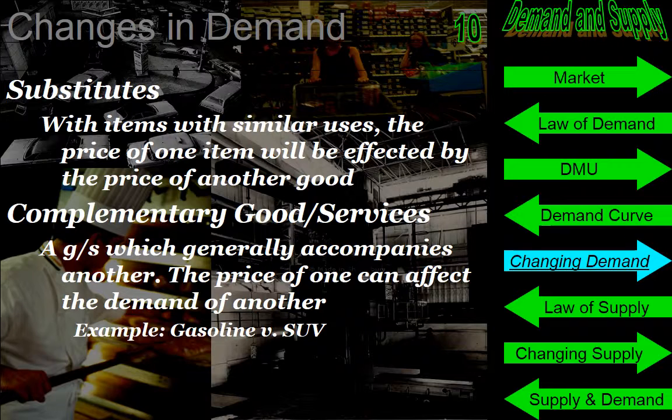So, if the price of a substitute good goes up, then it's more likely that your demand is going to go up. For example, let's say those two spatulas were sitting right there and they're both $4.50. Then it's probably going to be 50-50 of who buys what.